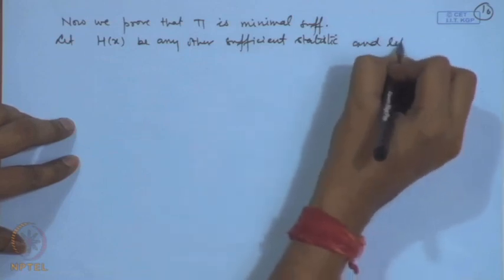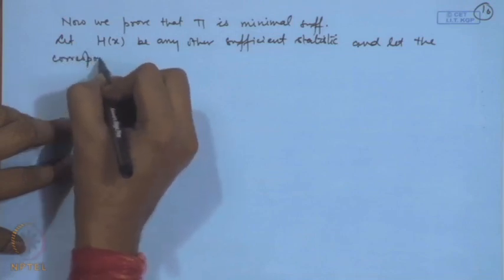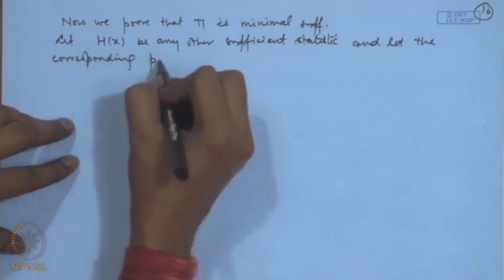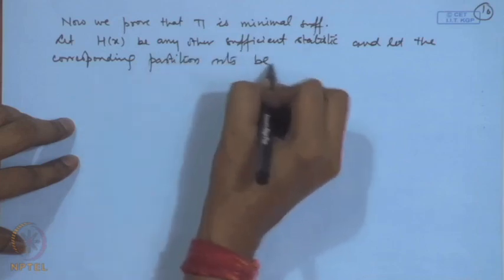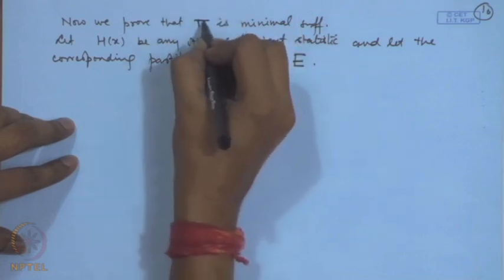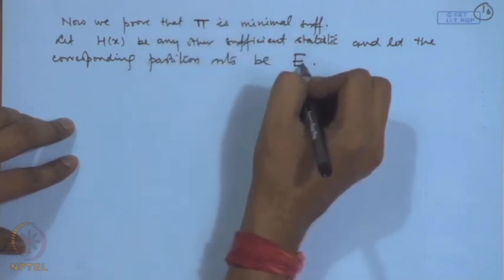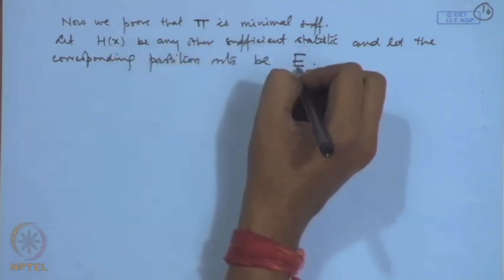And let the corresponding partition sets be, let me call them E. The partition sets induced by pi were D and the partition sets induced by h, let me call it to be E.